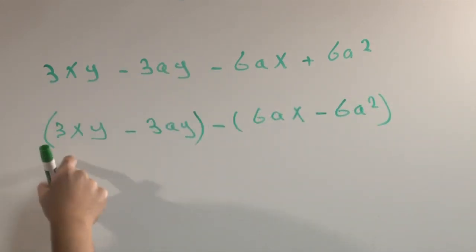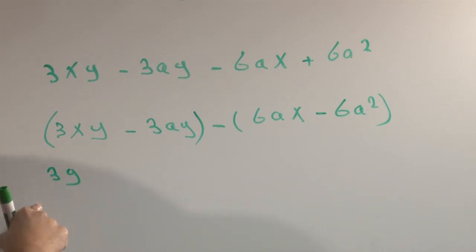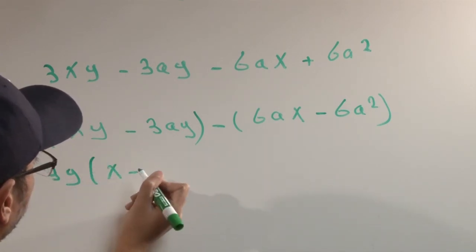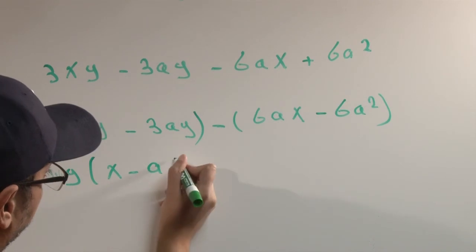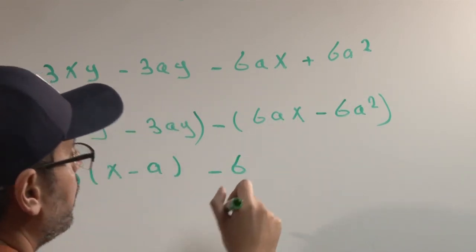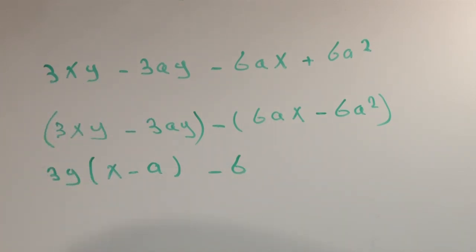So 3y, this is my greatest common factor here. This is x minus a. Minus 6, and 6, get it out. What is common factor here? A and a squared.